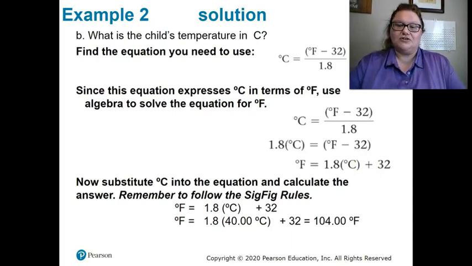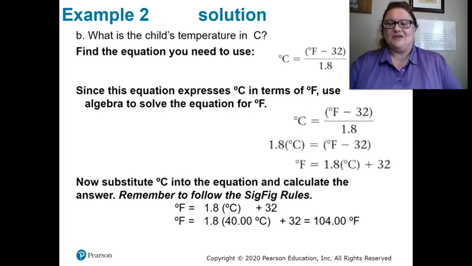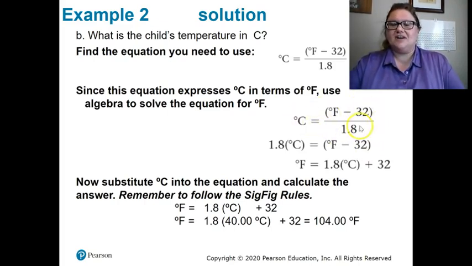There's less opportunity for algebraic error if you do this first before plugging in. I understand some of you may not like that idea, and if you're not comfortable with that, that's fine. Plug it in as it's shown up here, and then you would do the algebra anyway. So it's whatever your comfort level is, as long as you're showing me.